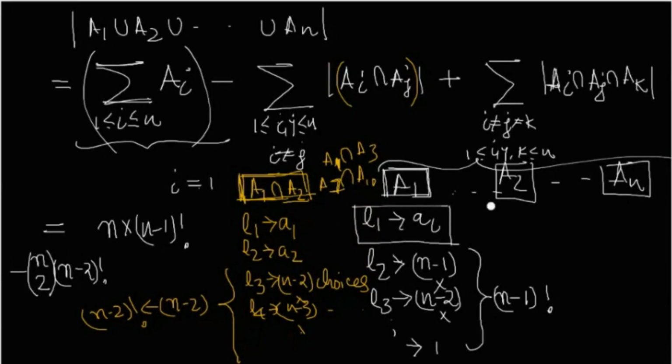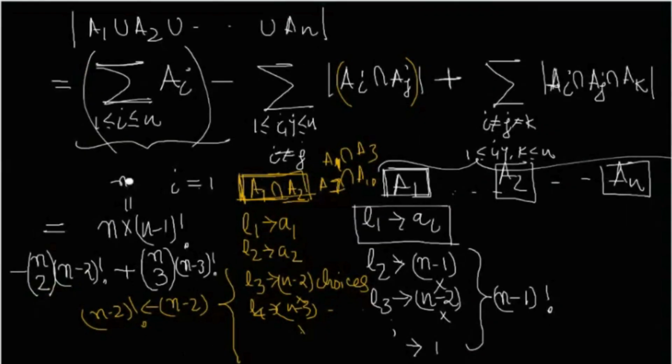So what's the next term? I'll select 3. And it will go on. So basically what I mean to say is, if you simplify, this is n factorial. Right?